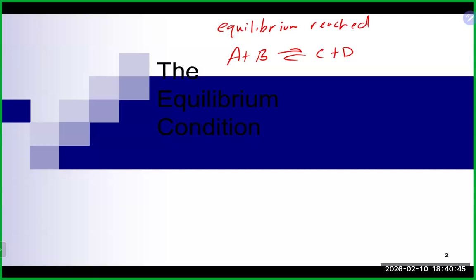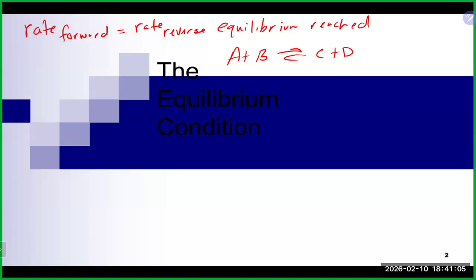When we say equilibrium is reached, what it actually means is the rate of the forward direction of this reaction will essentially equal the rate of the reverse direction. And that is what is meant by chemical equilibrium.